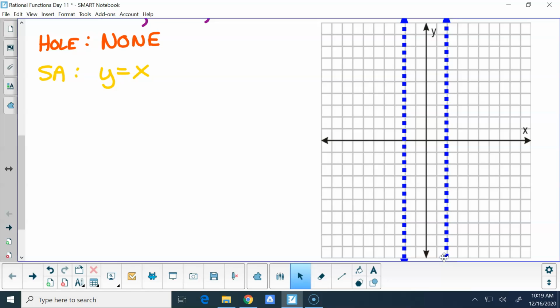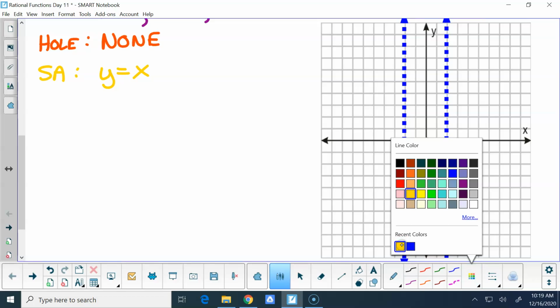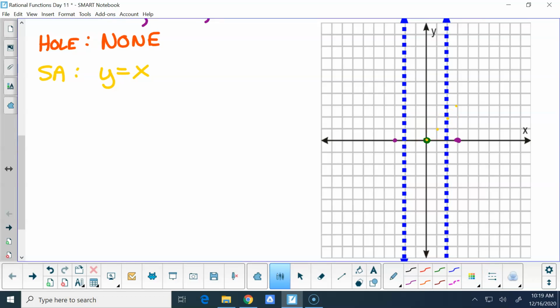We've got a y-intercept at the origin. We've got x-intercepts at the origin, at 3, and at negative 3. We've got a slant asymptote there.